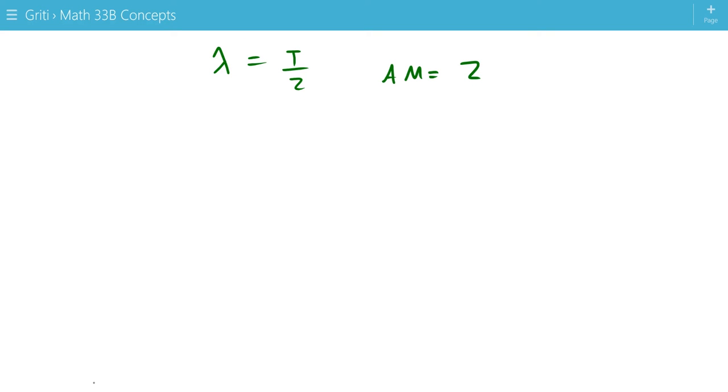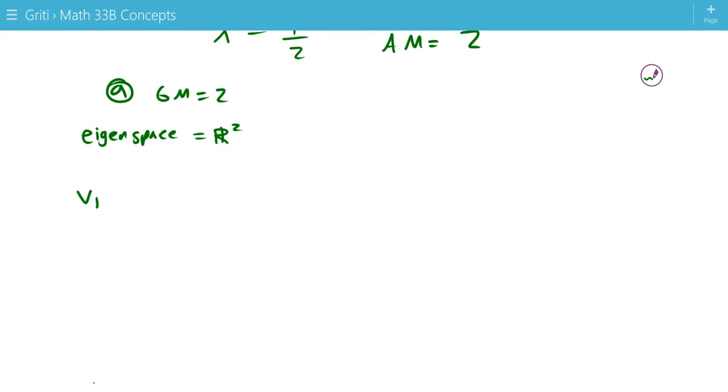So like we said before, there's two cases. Our first case is where the geometric multiplicity of the eigenvalue equals 2. That means the eigenspace, that's just the space spanned by the two eigenvectors, is just going to be the entirety of the plane R2.